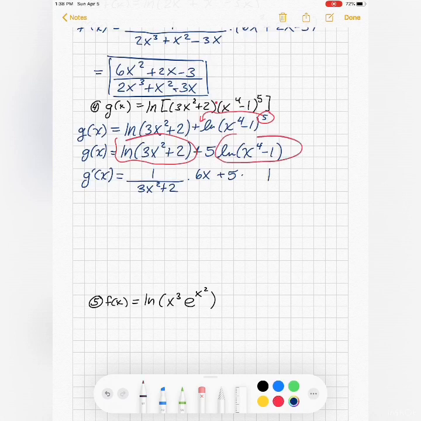Derivative of the ln is 1 over the argument times the derivative of the argument. So multiply straight across: 6x over 3x squared plus 2, plus 5 times 4, 20x cubed over x to the 4th minus 1.